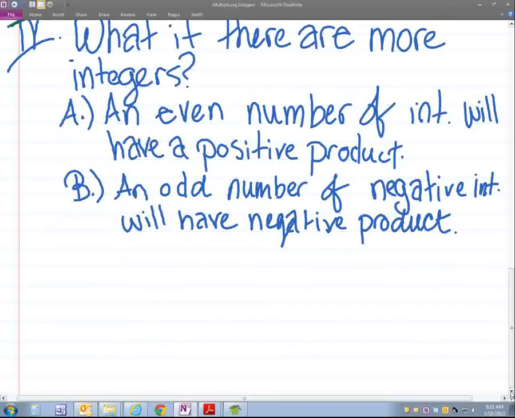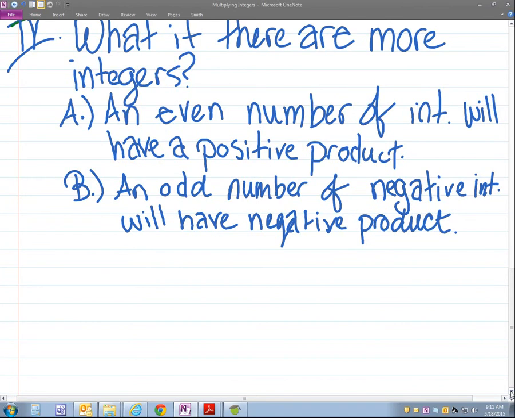There are going to be some three operations that we have. But what if there are more integers? An even number of integers will have a positive product. So if you have an even number of, I guess I should say, negative, yeah, there. An even amount of negative integers.